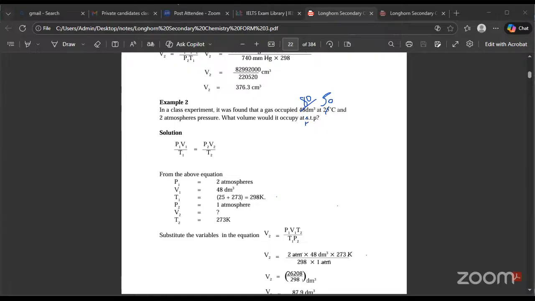So I think I got another answer. We check all of us. This one is interesting. We are getting two different answers: 147.62 dm cubed.